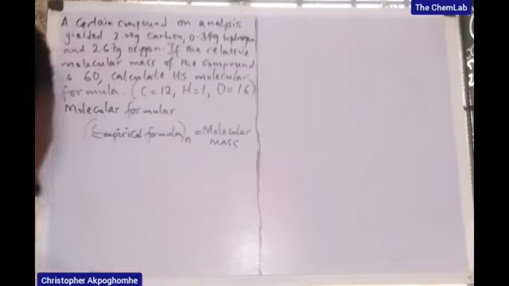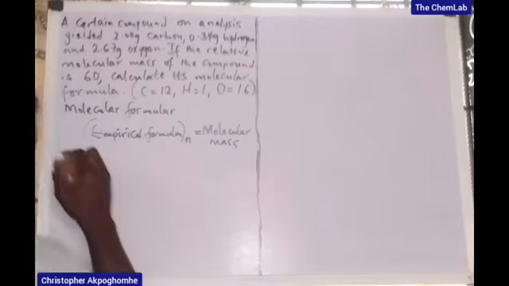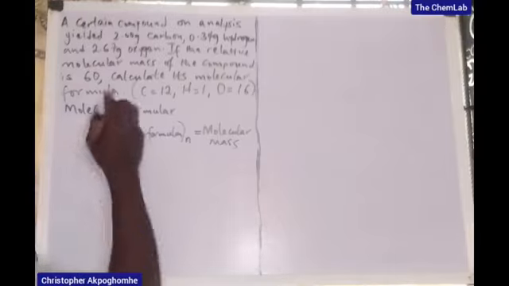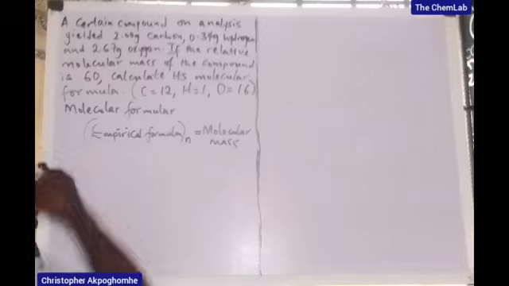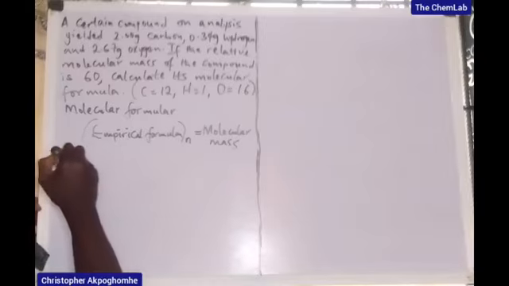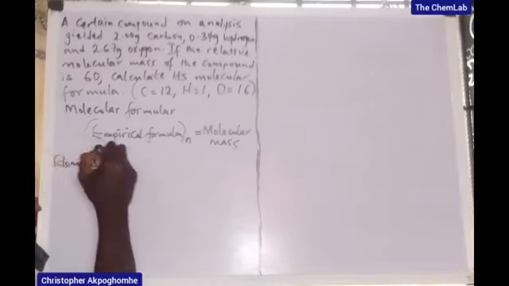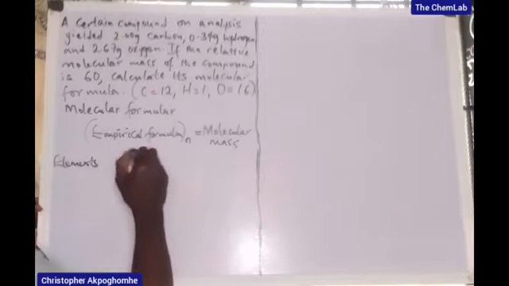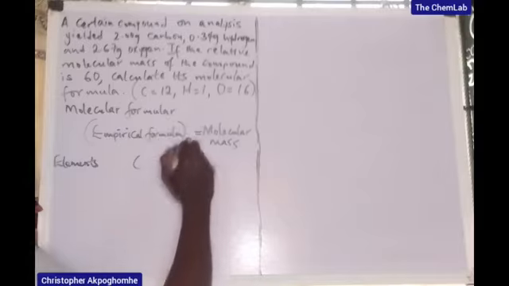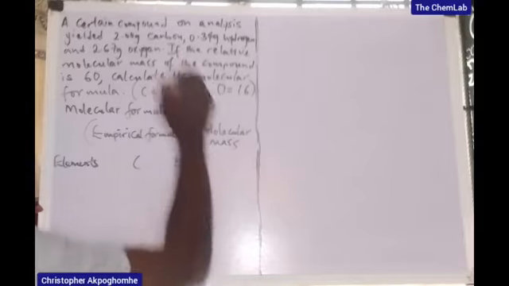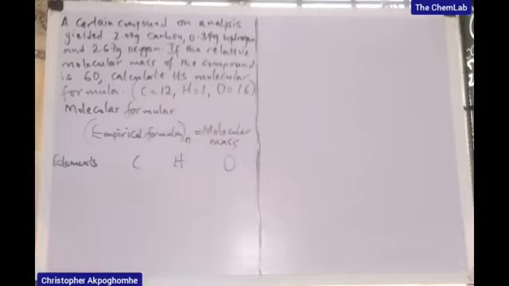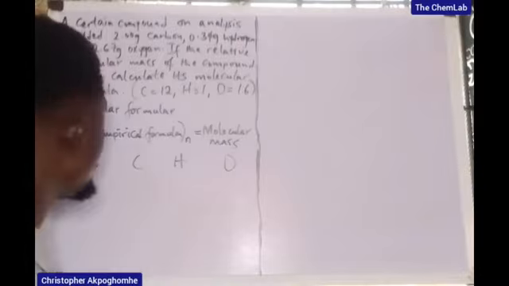So I'm going to take us through the process on how to get the empirical formula. To calculate the empirical formula, what elements do we have? The elements mentioned in the question: carbon, hydrogen, and oxygen. You write the symbol of each element that is mentioned in the question.